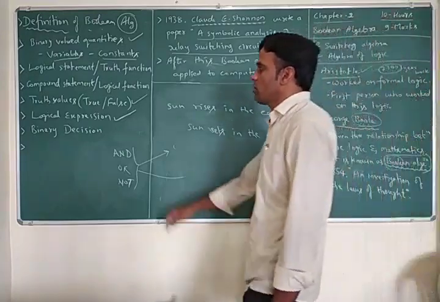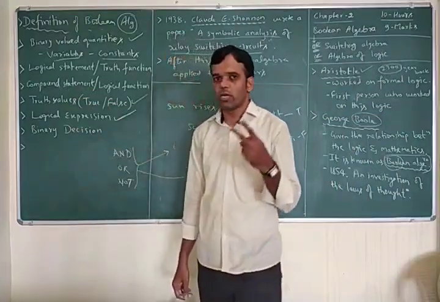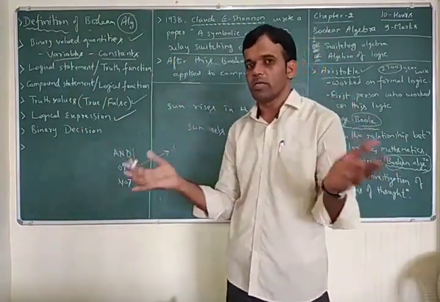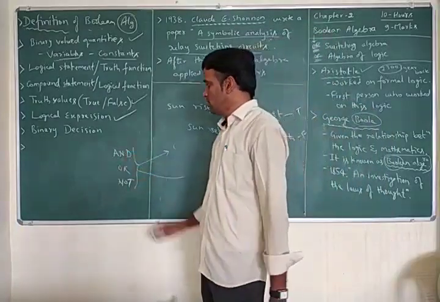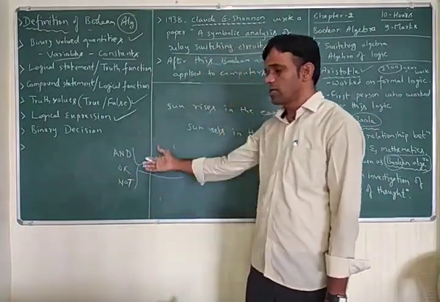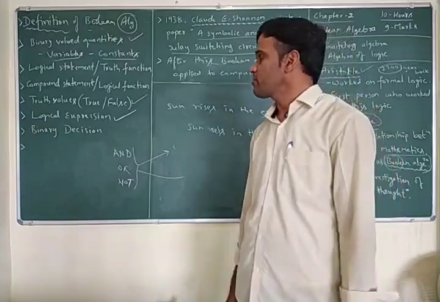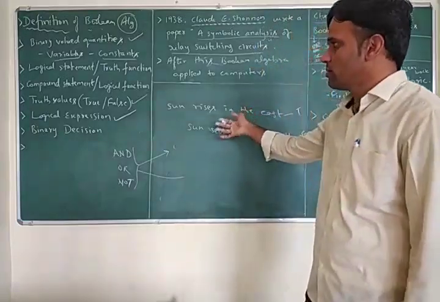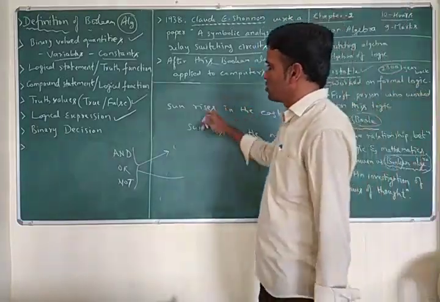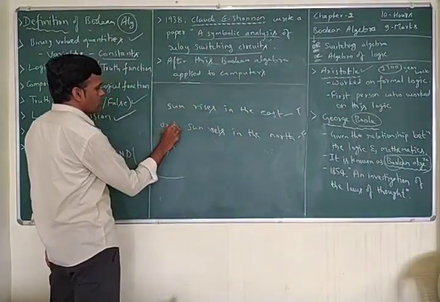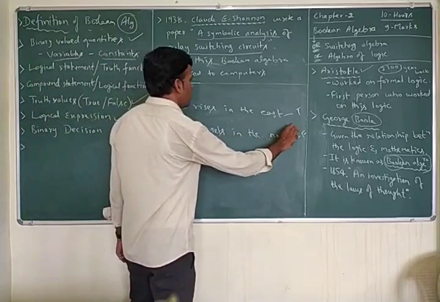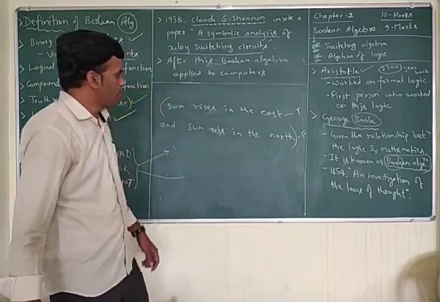So what about the compound statement? At minimum we require two simple statements, then we can combine them using logical connectives or logical operators. Here we have two statements, and now we can combine these two. Suppose I use the word and, okay, from here to here it's a compound statement now.